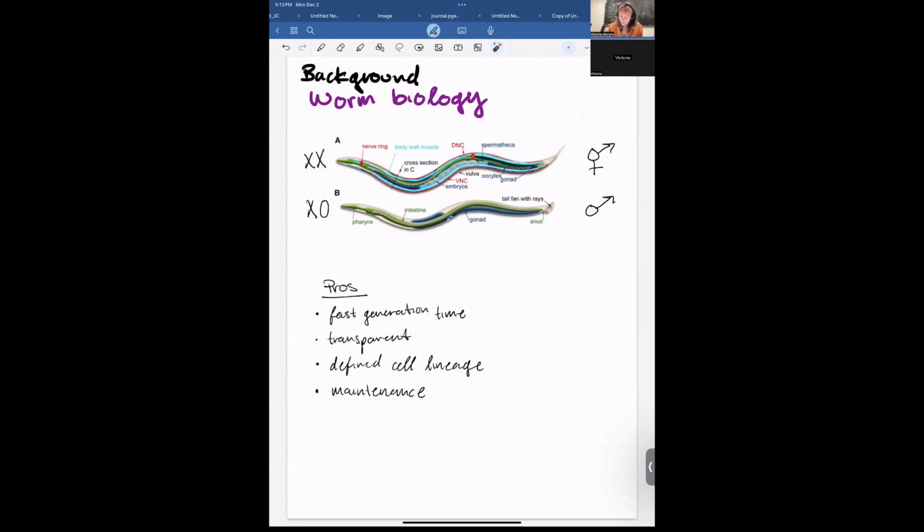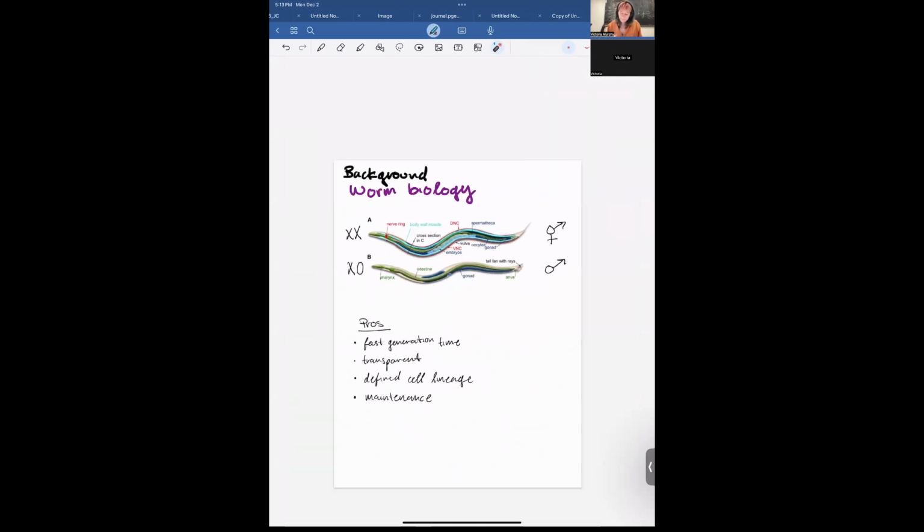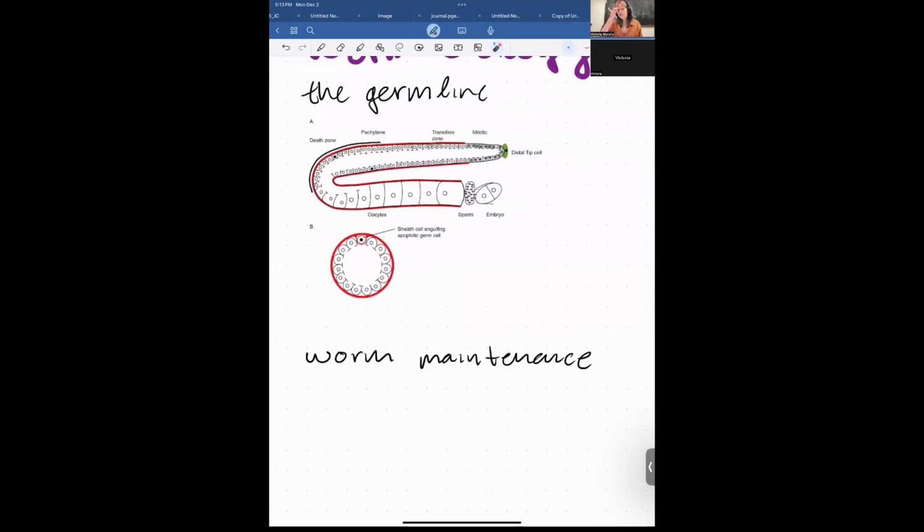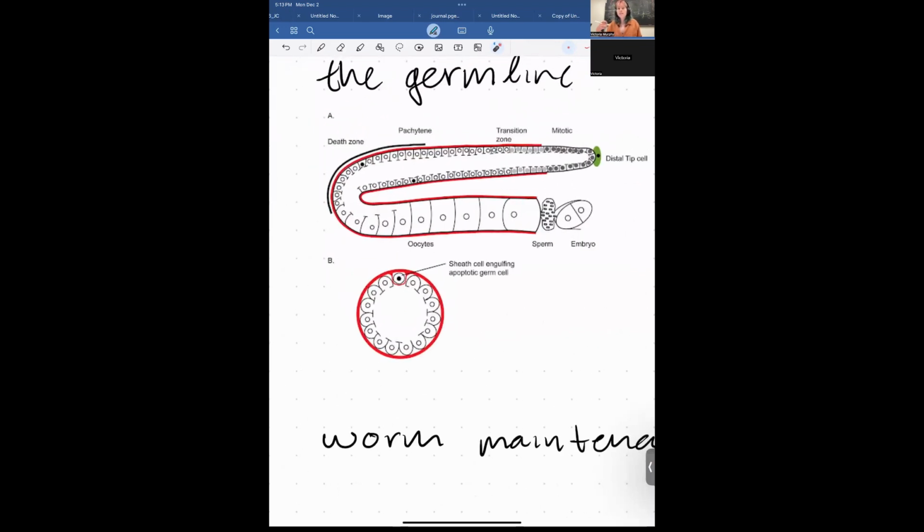This is one. In this diagram, it's under some other tissues, so it might be difficult to see. And then this is the second one. And at the end of the germline, the proximal region, you have the development of fertilization and development of embryos within the uterus.